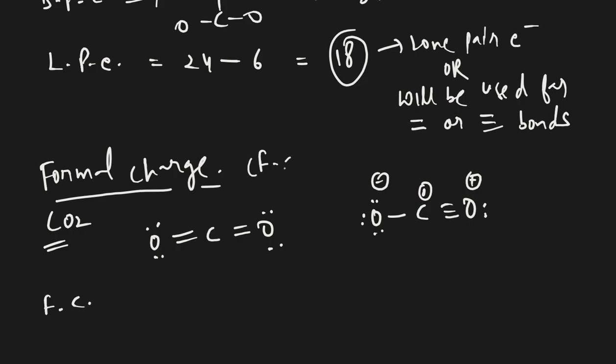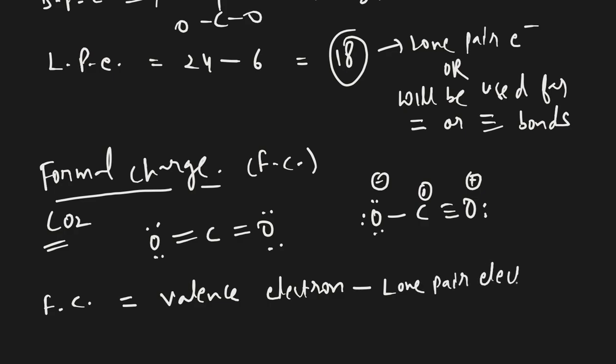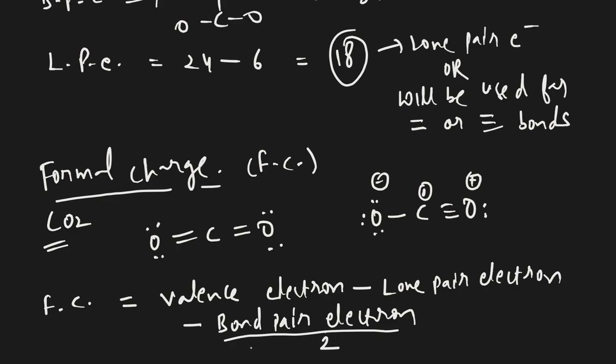The formula here is valence electron minus lone pair electron minus bond pair electron divided by 2. This divide by 2 is only for the bond pair electron.